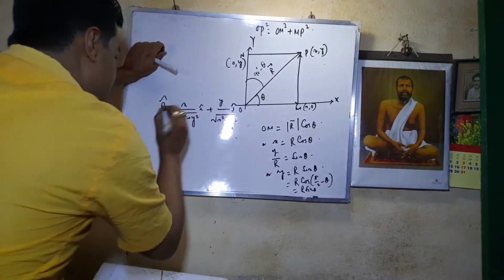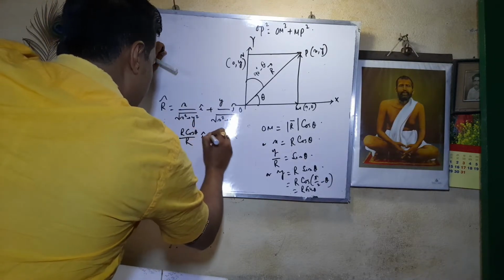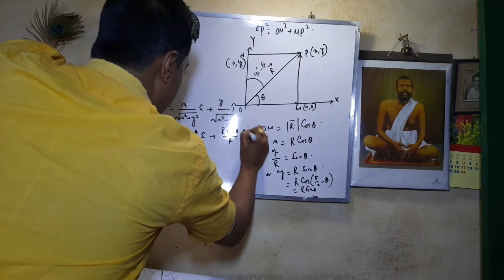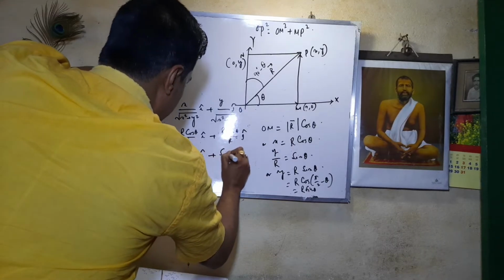That means it is r cos theta by r into i cap plus r sin theta by r into j cap. That means it was cos theta i cap plus sin theta j cap.